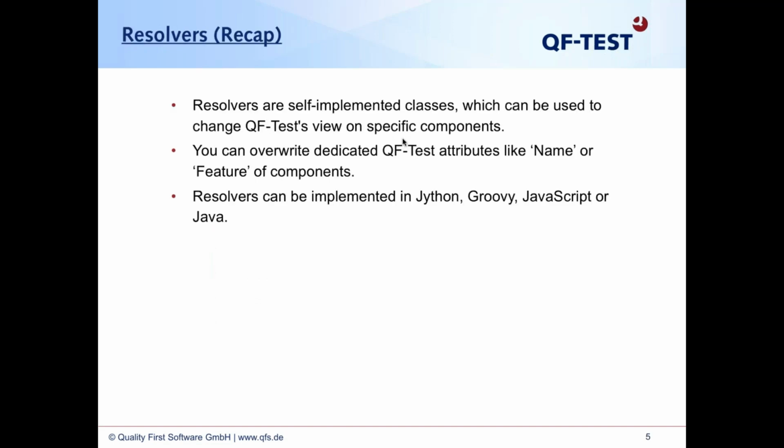So as I've said, resolvers are kind of code snippets which are executed within the context of your application. So for the experts among us, it's an SUT script. And these scripts will register kind of lenses for QFTest to look onto your application. So they change the view QFTest has on your application.